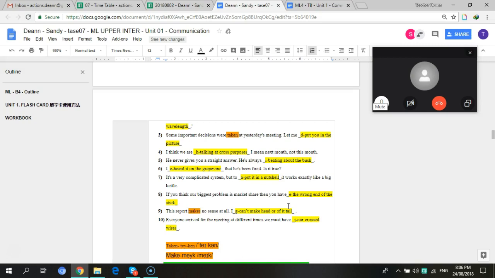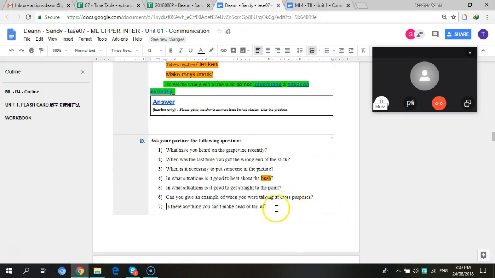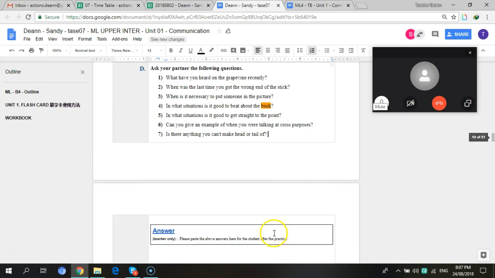So I think we have crossed our purposes. Okay, so how about the next one? Is there anything you can't make head or tail of? Oh, yeah. Food. I think it's hard to decide whether you want this one or that one.